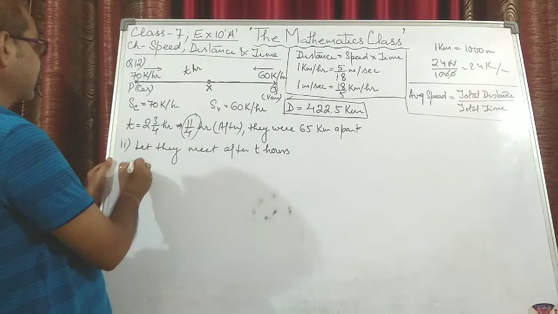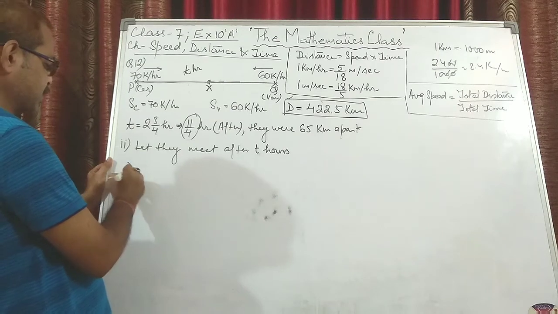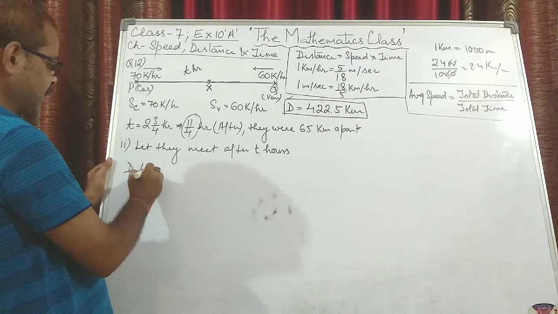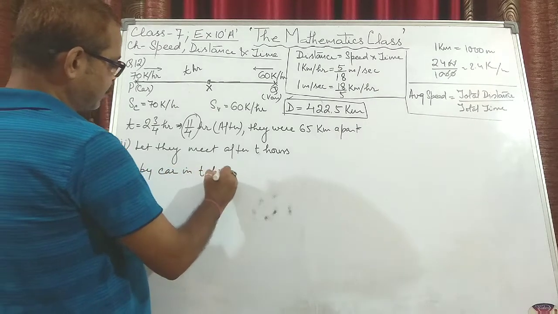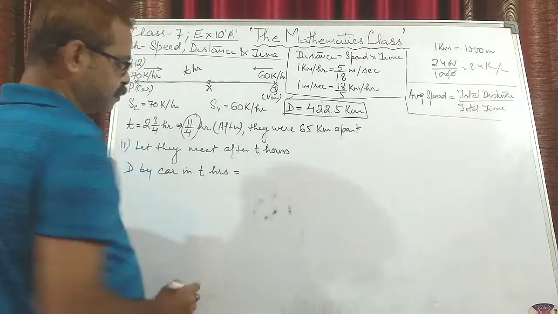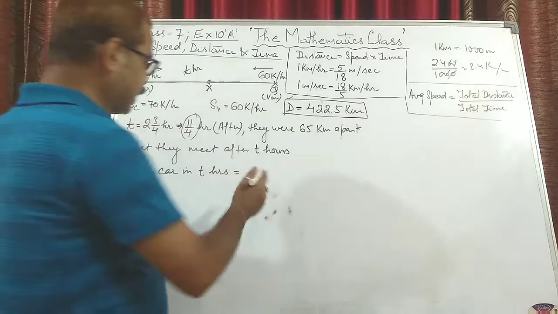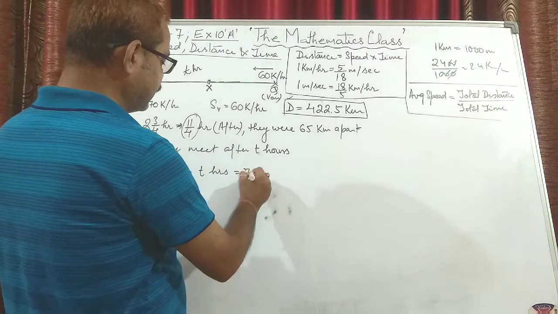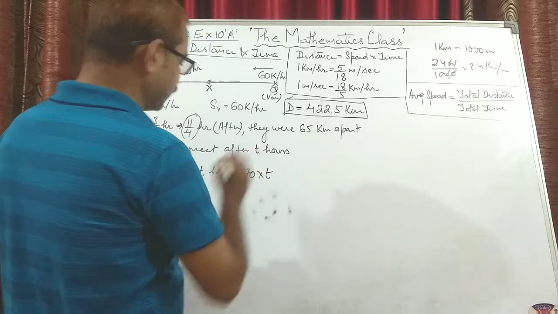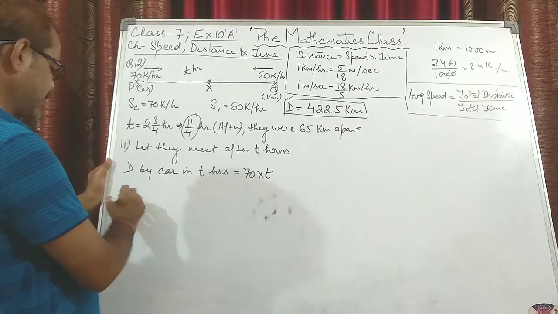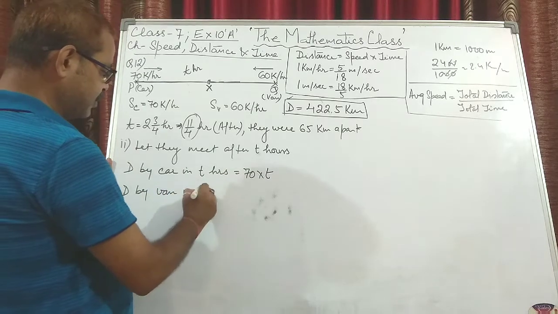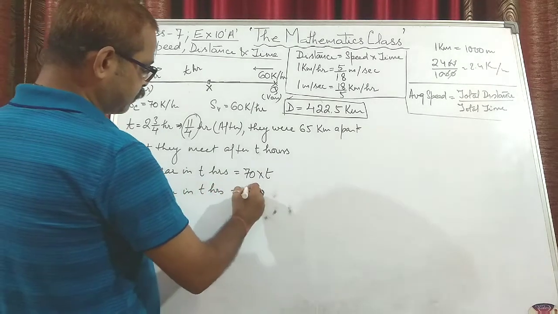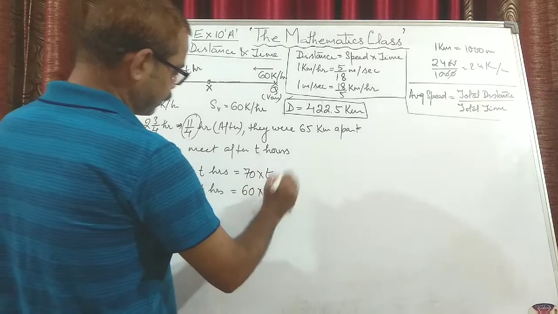The distance by car in T hours is speed into time: speed is 70 and time is T hours. Similarly, the distance by van in T hours: the speed of the van is 60 and time is T hours.